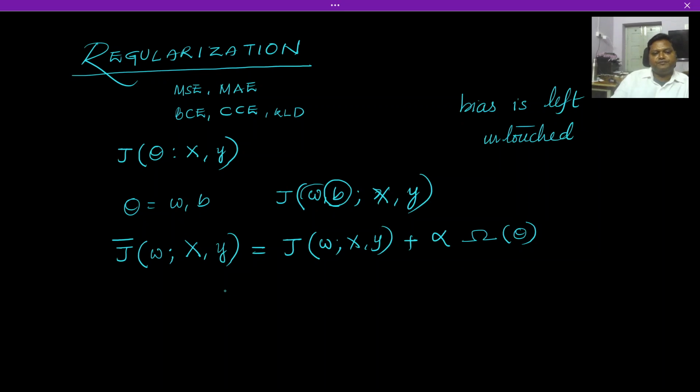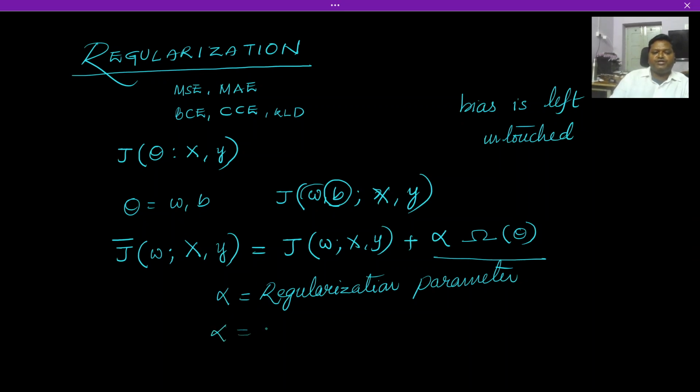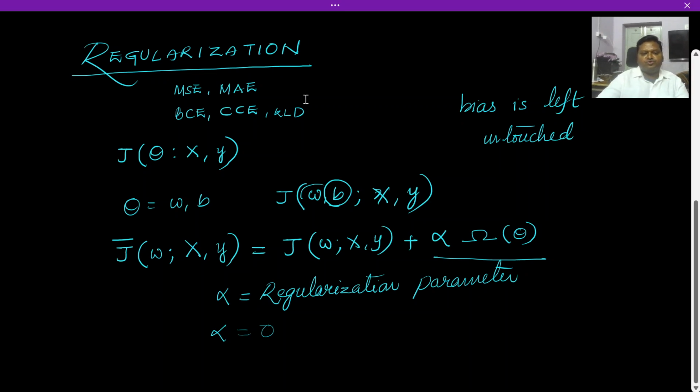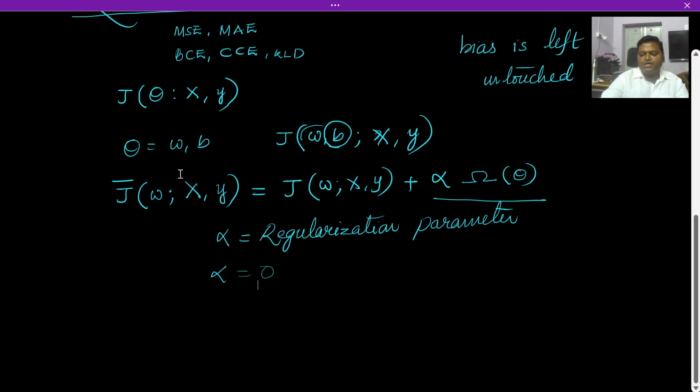So what is alpha here? Alpha is a hyperparameter which we call the regularization parameter. If alpha is high, you are adding more penalty. If alpha is 0, it is left unregularized, so the cost function is the same as before regularization.